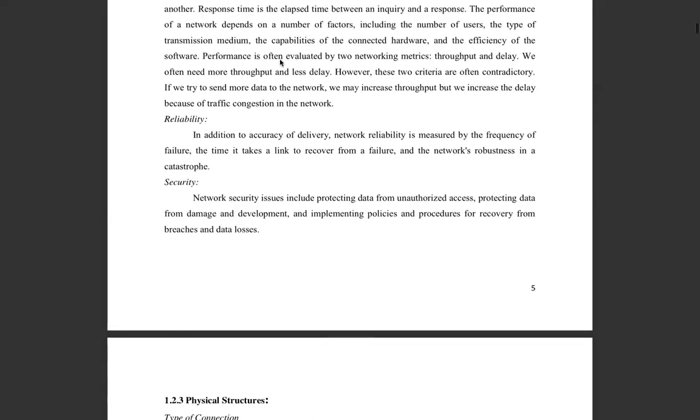Reliability. In addition to accuracy of delivery, network reliability is measured by the frequency of failure, the time it takes a link to recover from failure, and the network's robustness in a catastrophe. Now, for you to check the reliability of a network, how reliable is your network when it fails? How quickly does it bounce back?